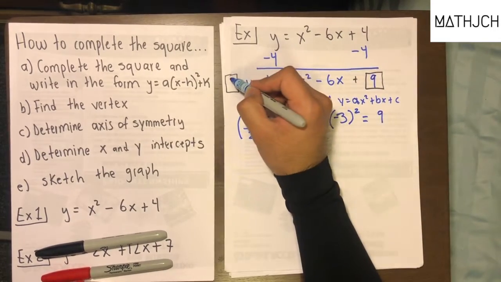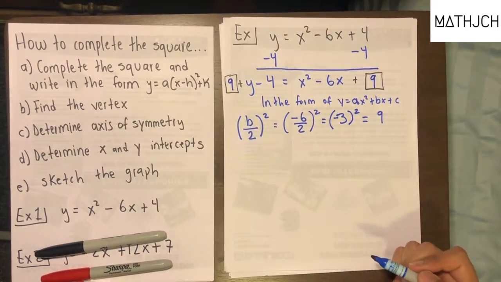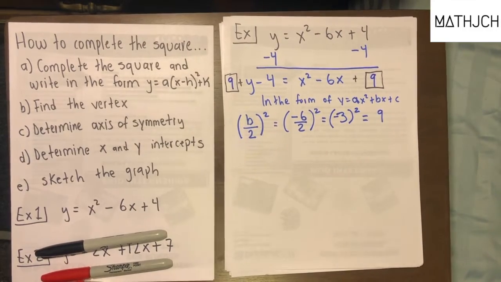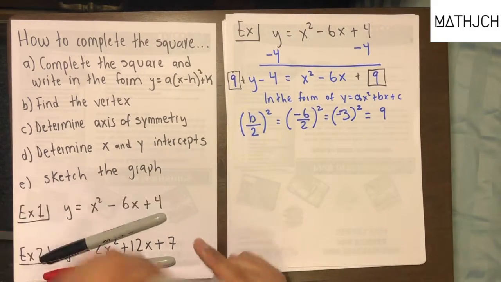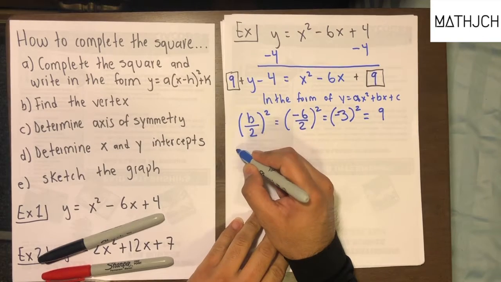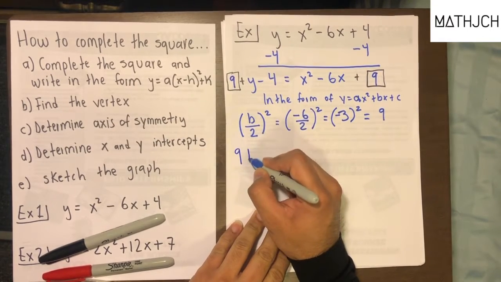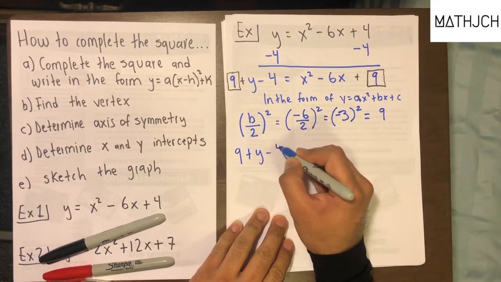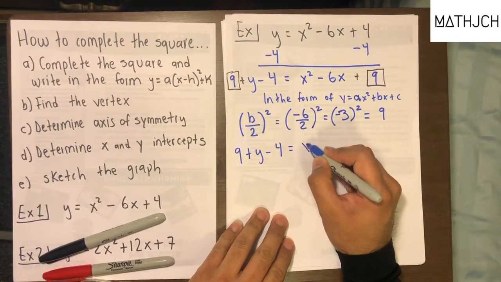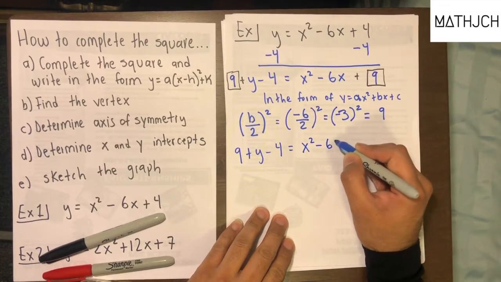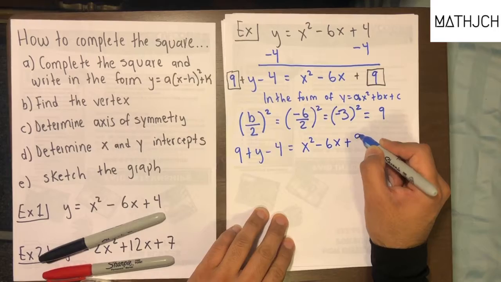Let's rewrite the equation. So we have 9 plus y minus 4 equals x squared minus 6x plus 9.